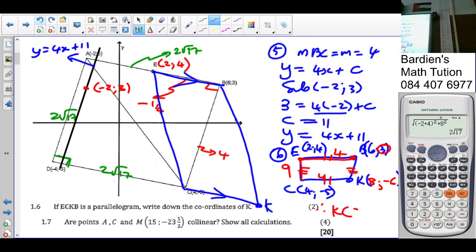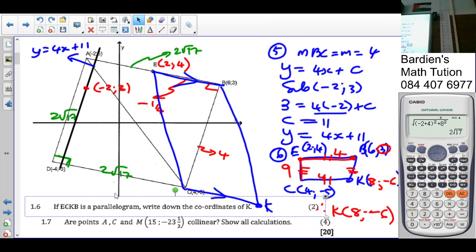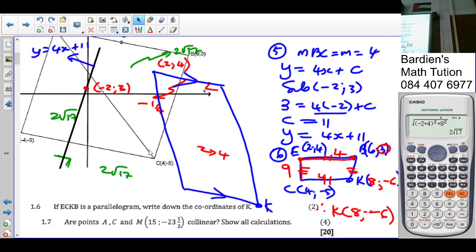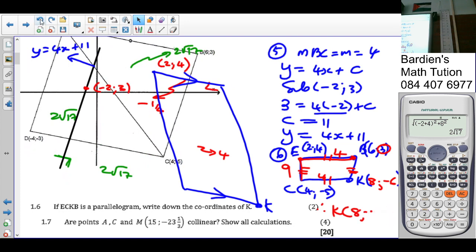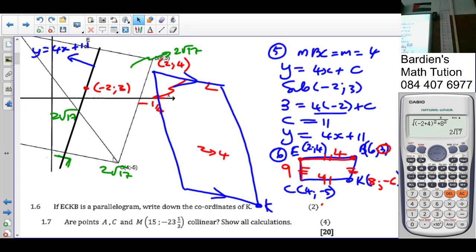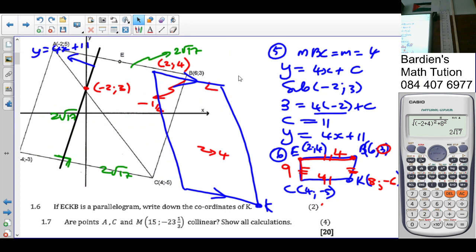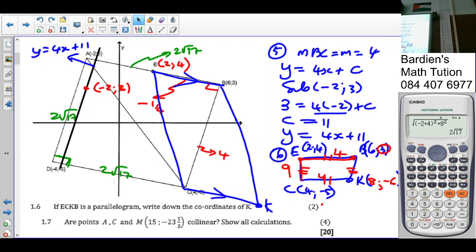So therefore K is 8 and negative 6. Does it make sense, people?